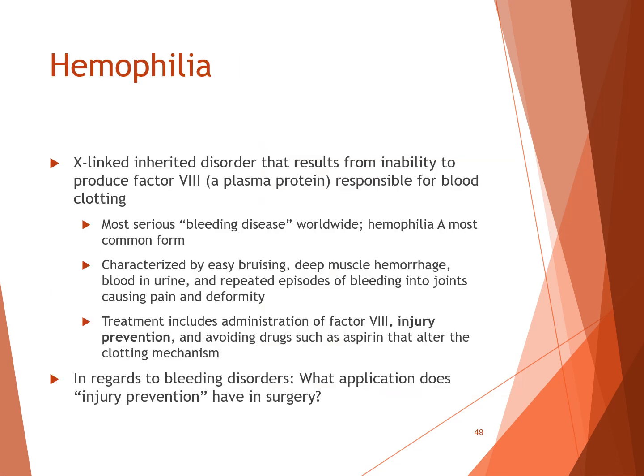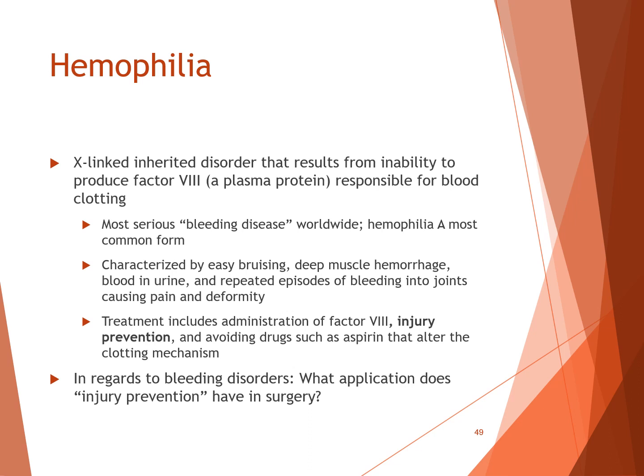Hemophilia is an X-linked inherited disorder, so that means it's attached to the female chromosome, right, the X chromosome, and it results in the inability to produce a clotting factor called factor VIII. This is the most serious bleeding disease worldwide.